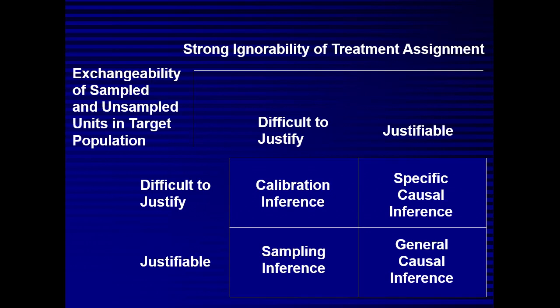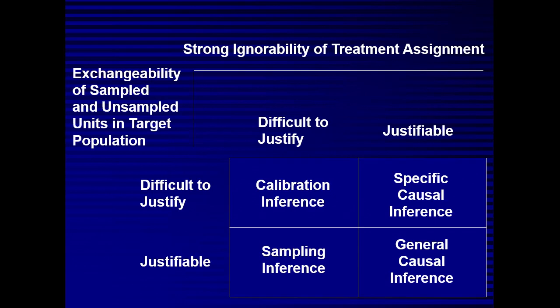We can infer our results back to the population, but we can't infer cause and effect. When you can do both of those things, justify that your sample is representative of the population, justify that your conditions are the same as if you had randomized to conditions, and maybe you even did randomize to conditions, then we can have general causal inference.